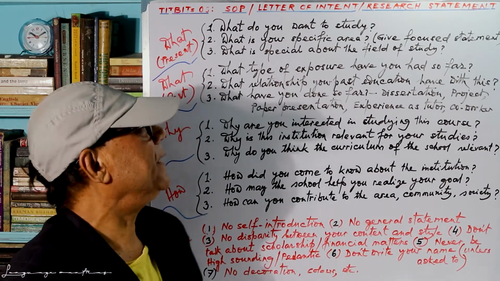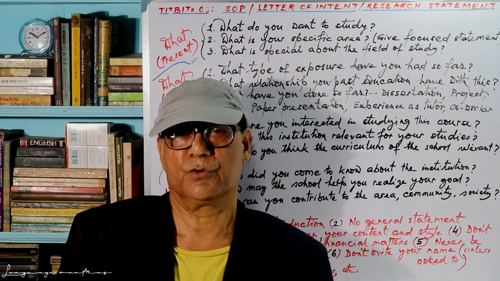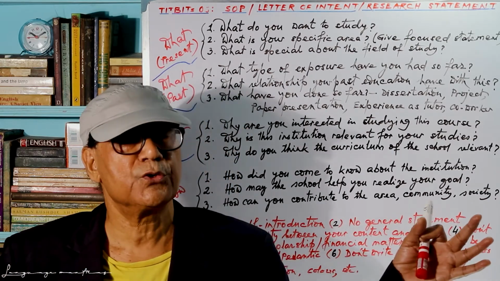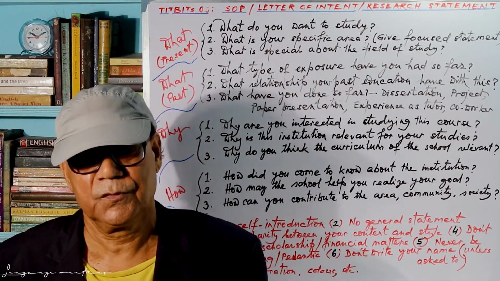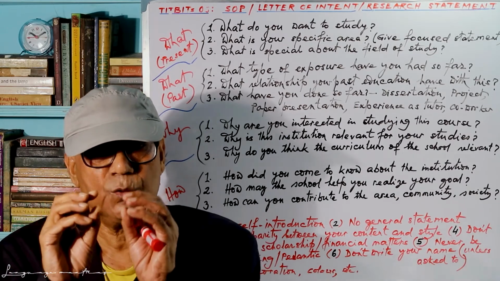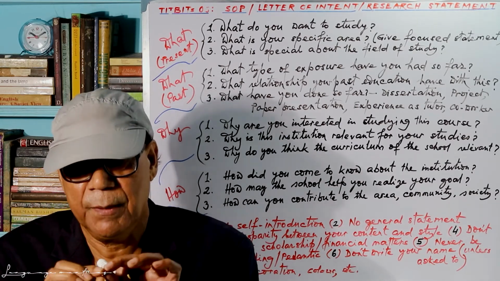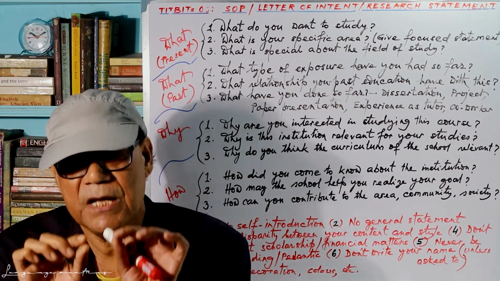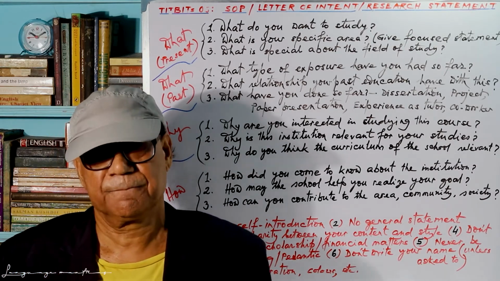What is your specific area? This is more important question, because you are not going to study physics as a whole. You are going to study a particular area of physics, maybe magnetic field, maybe some aspect of magnetic field.